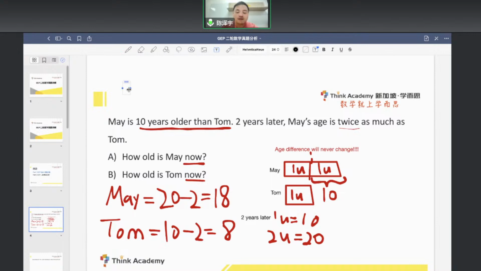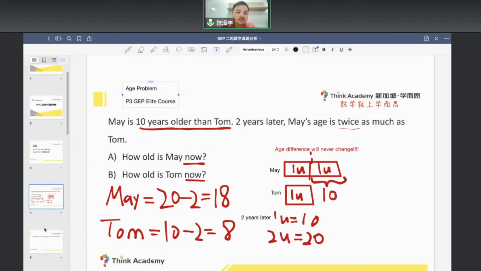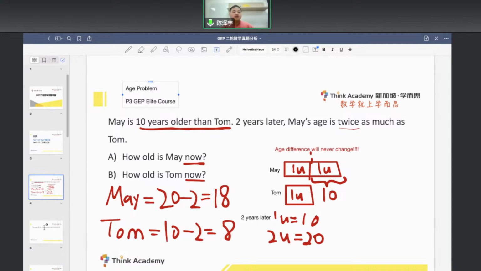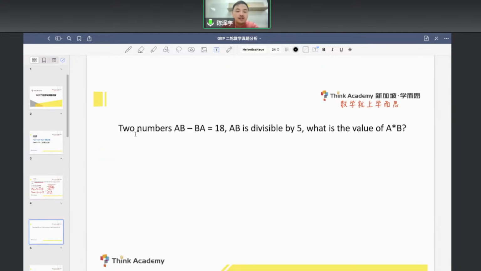So this is a very simple age problem that we have gone through in our P3 GEP Elite course. If the students have attended our course, they will be very familiar with this kind of question. This one is quite simple. Now let's move on to the next question.